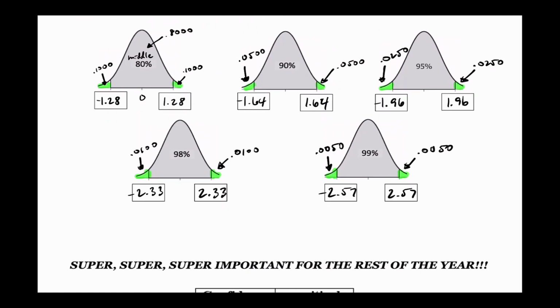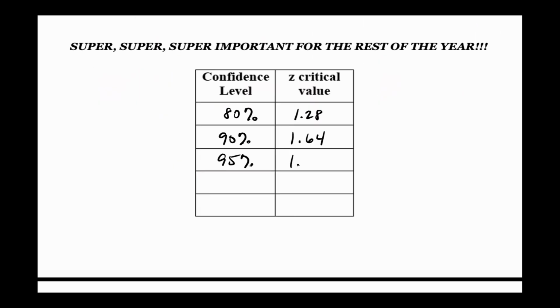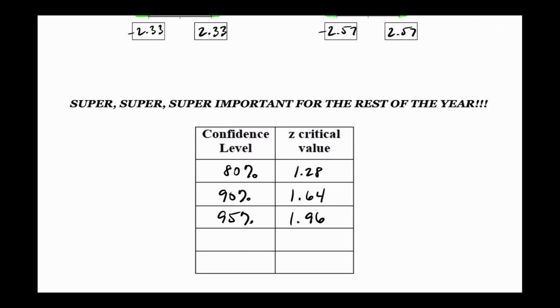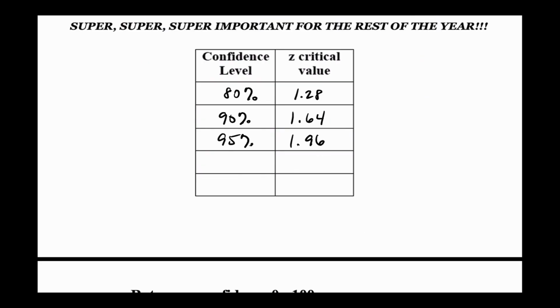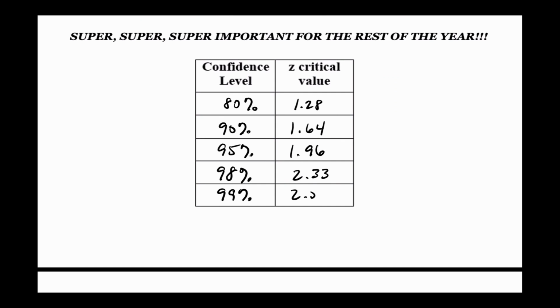You don't have to put both. 1.96, 2.33, then the last one's 2.57.